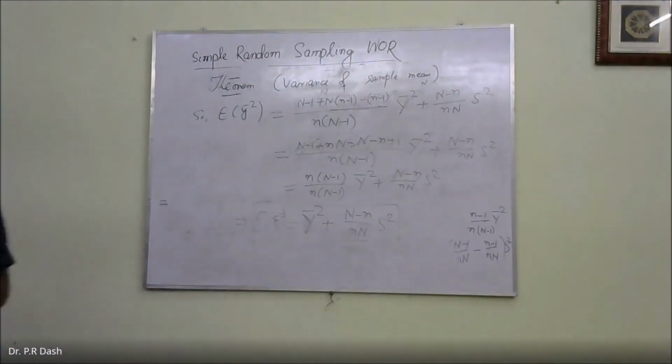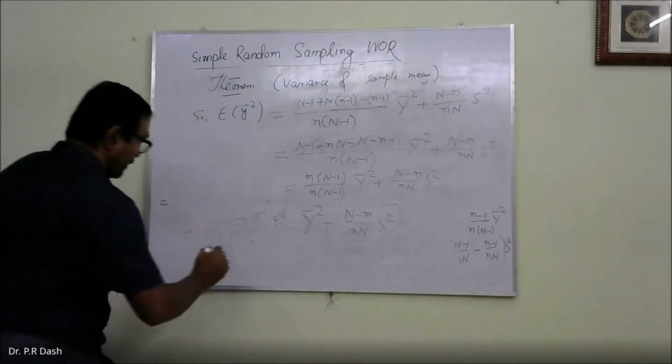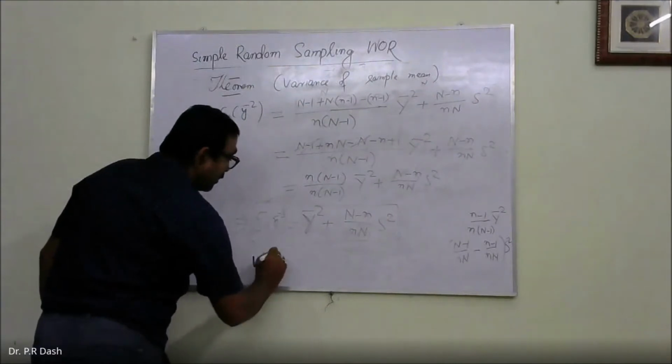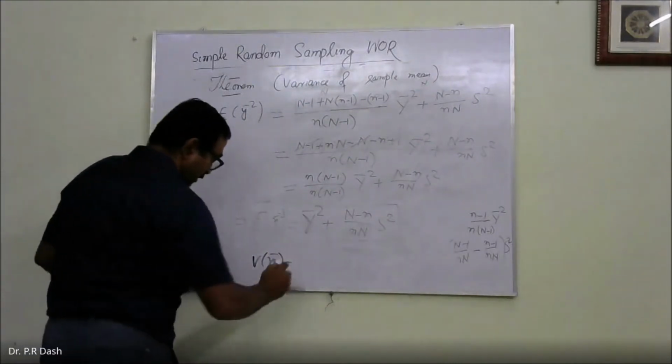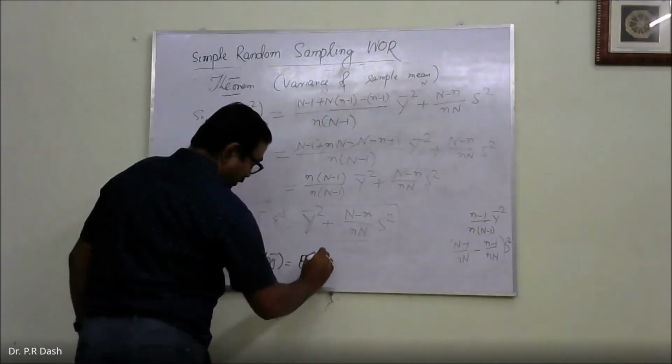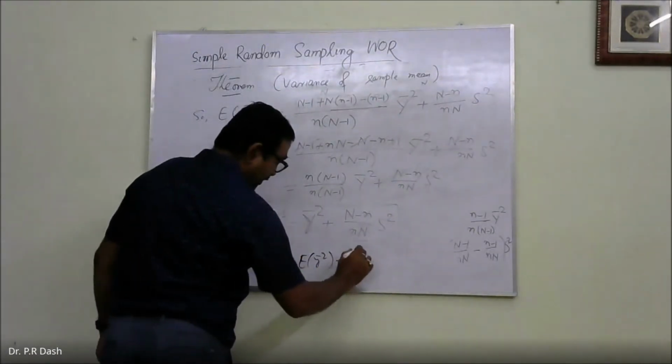So now, variance of y bar, that is equal to expectation of y bar square minus y bar square.